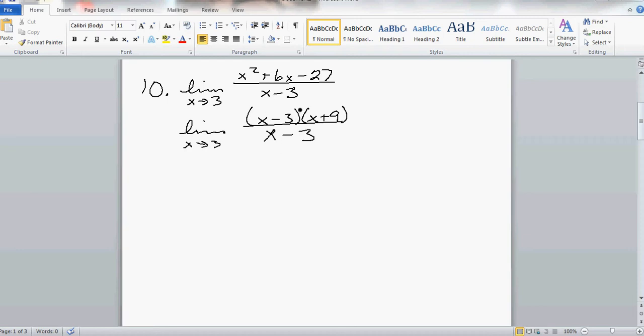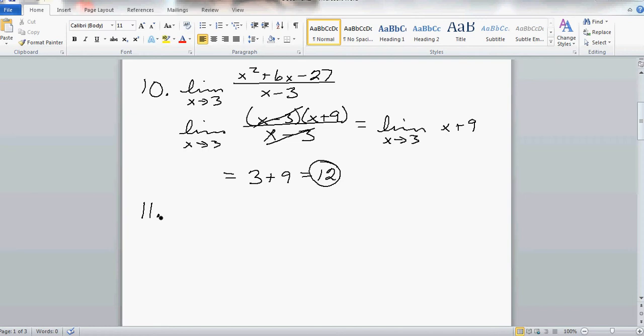Now if we look carefully, notice this x minus 3 will cancel with that x minus 3, leaving the limit as x approaches 3 of just plain old x plus 9. This is a very simple substitution. 3 plus 9 equals 12. And there is our limit. Versus the 0 over 0, which was the indeterminate form that we had before.